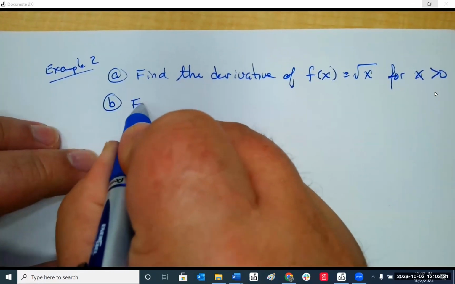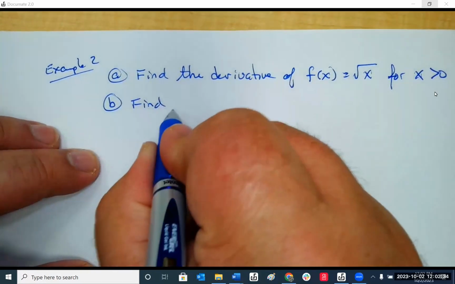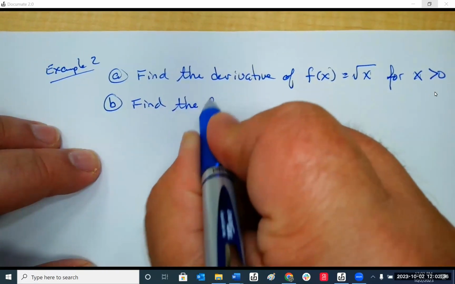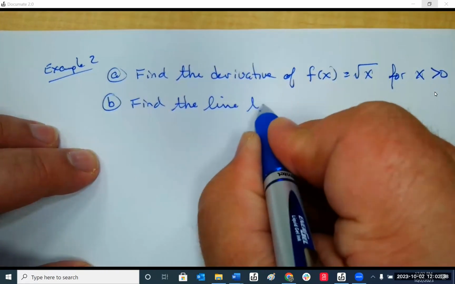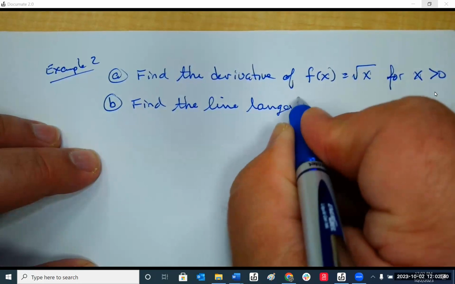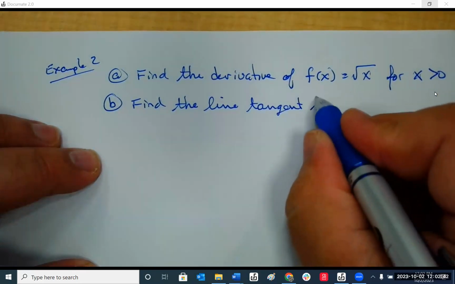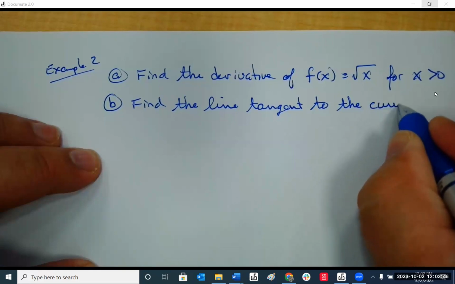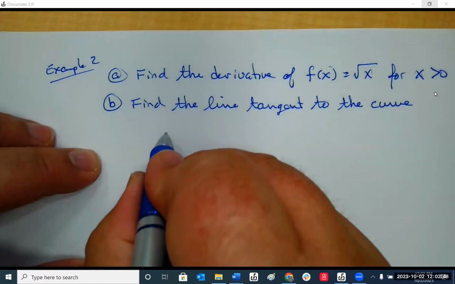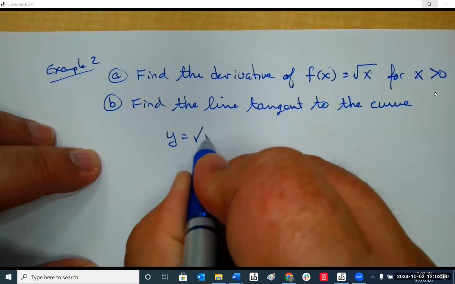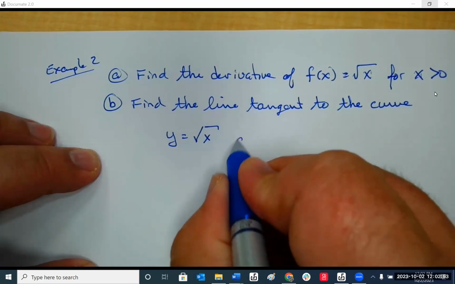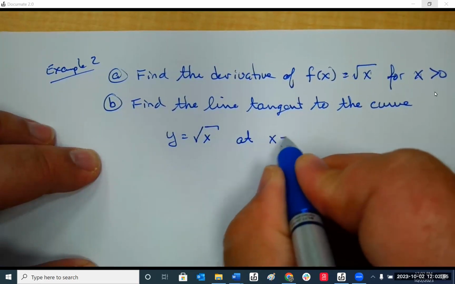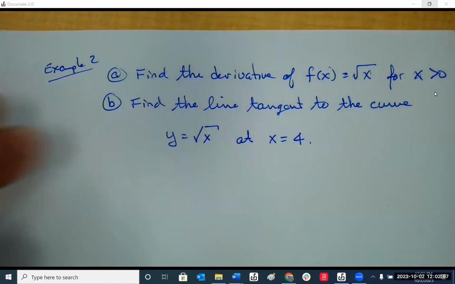And then find the line tangent to the curve y equals radical x at x equals 4.